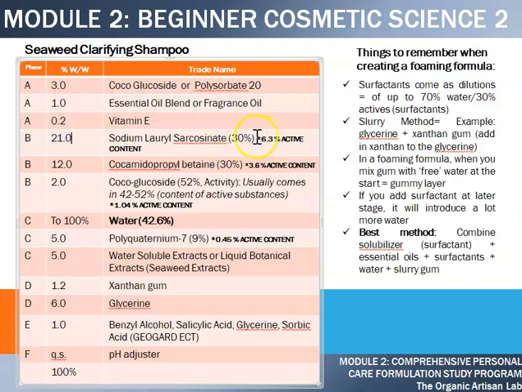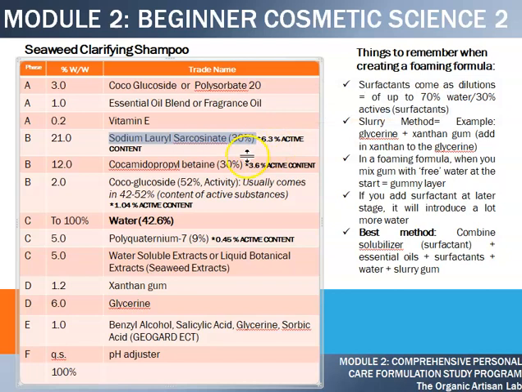You only have 6.3% active content because of the dilution, because our sodium lauryl sarcosinate comes as a diluted material of 70% water and 30% active content.